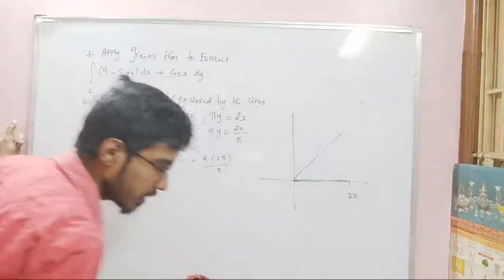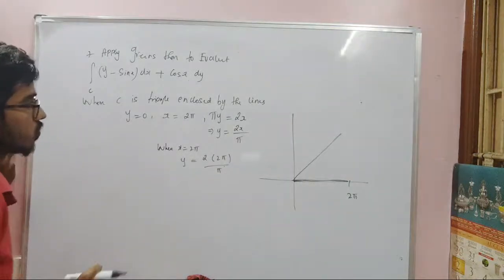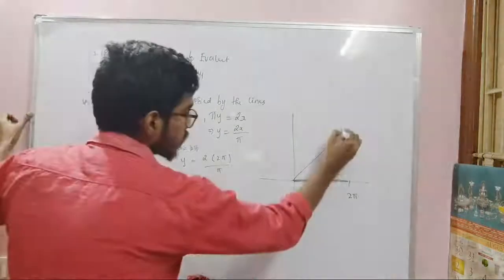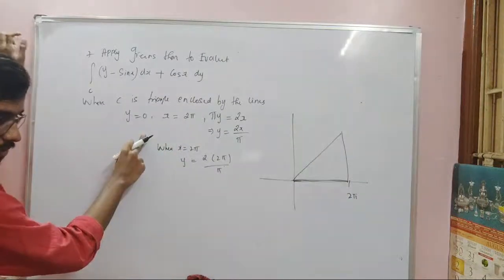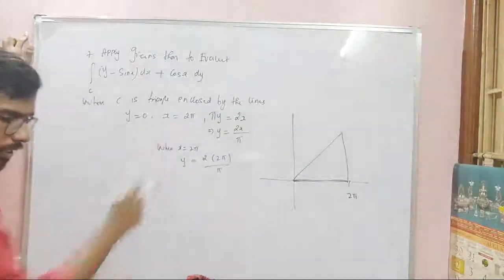So it is given that y is 0 and y is this, and x is 2 pi or pi by 2.